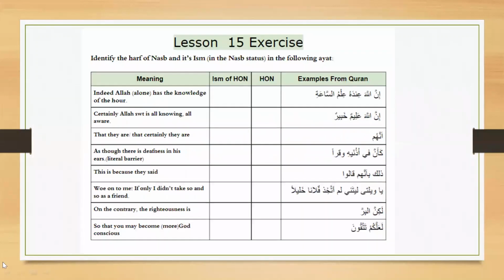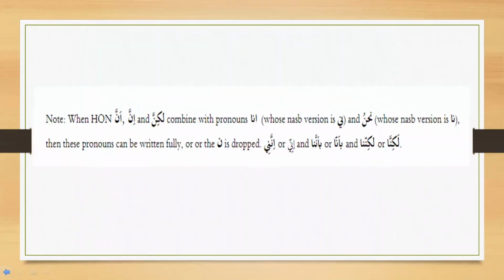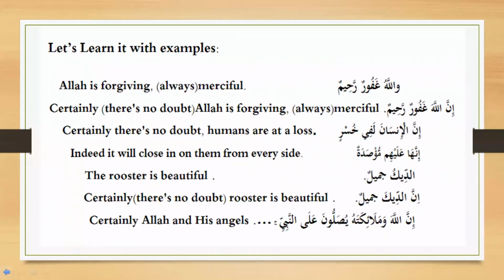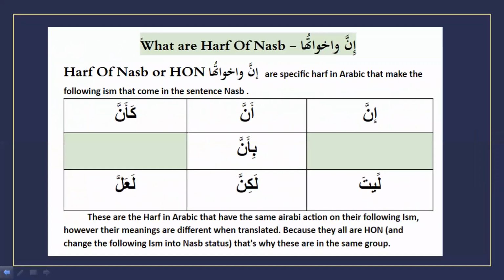Now the exercise. Before doing the exercise, let's revise what we learned. We learned that the harf of nasb are agents. These are inna and the other six harf in the same group, grouped together because their action is the same. They change the following ism into nasb status.